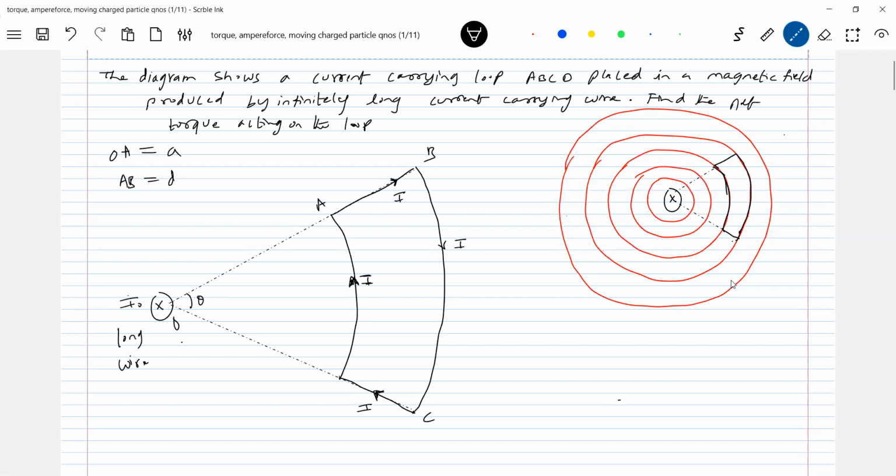So what are these? These are the directions of the lines of force due to the long wire, and this is A, B, C, D. I think now you can manage. So this is the current; current I is flowing.